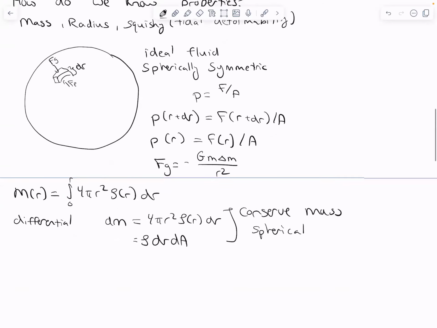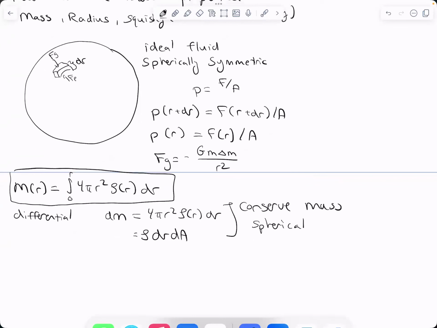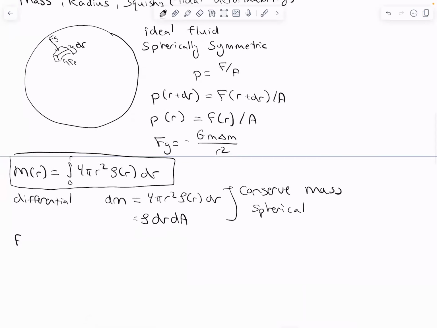All right, so now we have one equation that's very important that we'll need to solve later on. This is the one for mass conservation. We still need a second equation. To get at that, we can take the force from the pressure, which is P of R dA minus P of R plus dr dA.